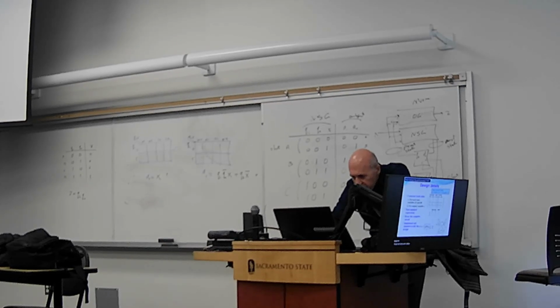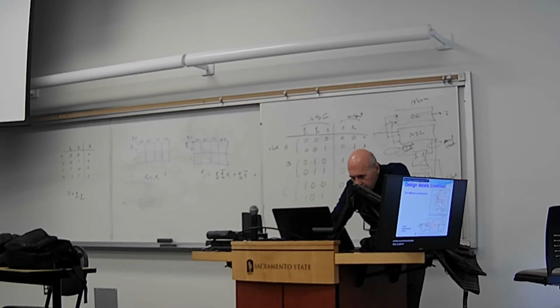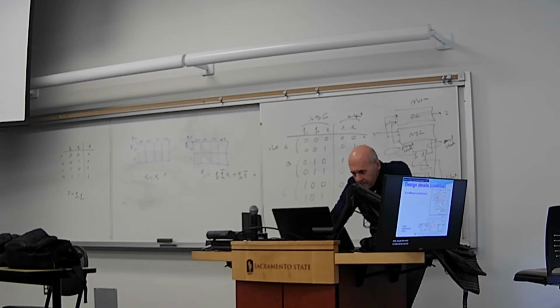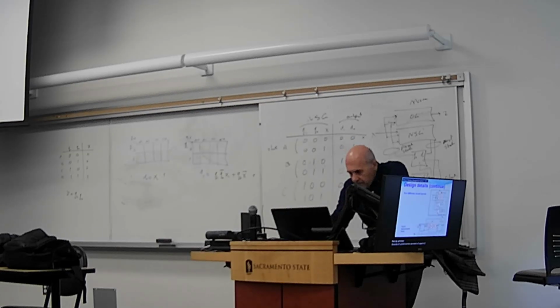Then we do the minimization. Voila, we've got the circuit. So these are the Q's. This part is the next state generator, generates D1 and D0, and this one, which is Z equal to Q1 Q0, is the output.